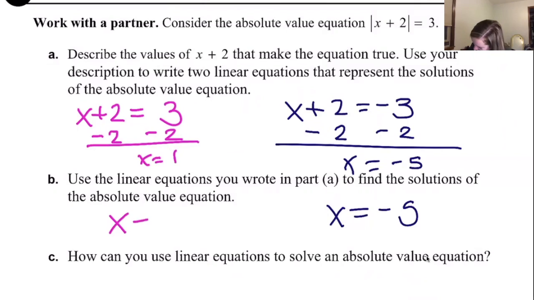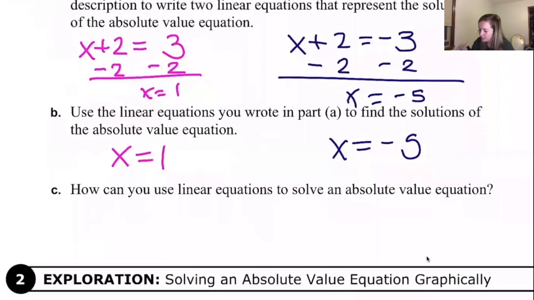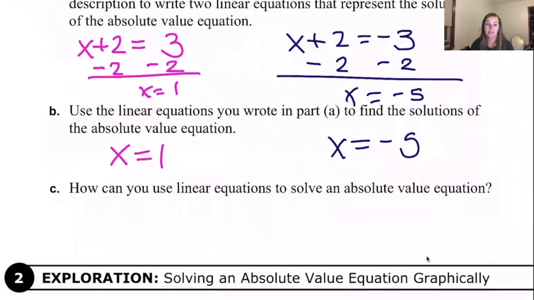We get x = 1. And that's our second solution. And so now the main point behind this is, how can we use linear equations to solve an absolute value equation?